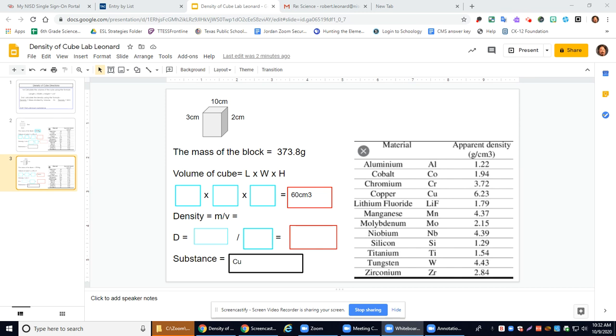Very good. All right, 60 centimeters cubed. Give you all a couple seconds to get caught up.